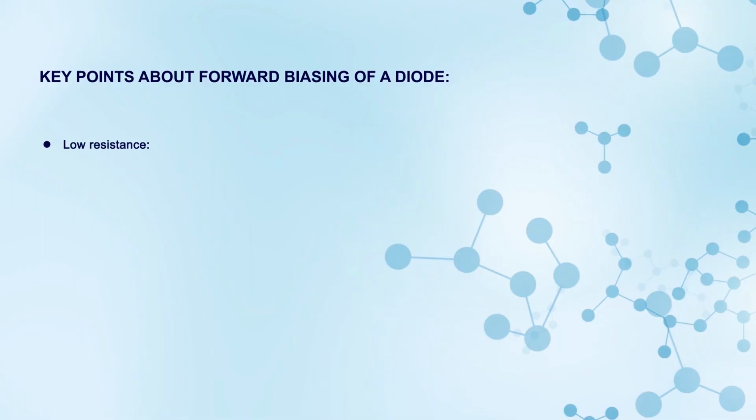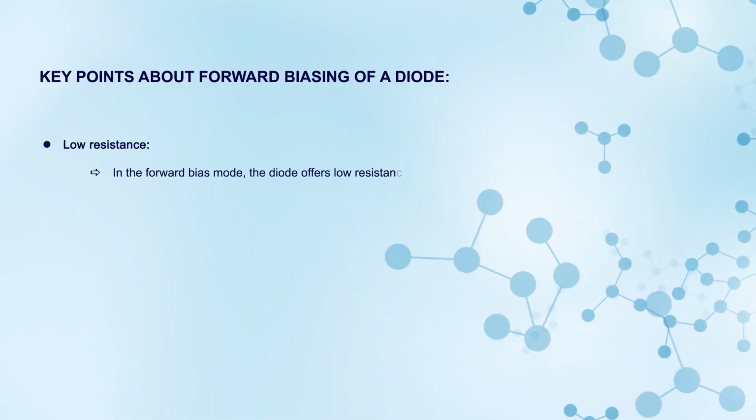In this way the depletion layer is removed and the potential barrier, or voltage, is overcome, and the diode changes its mode from a semiconductor material to a conducting material.